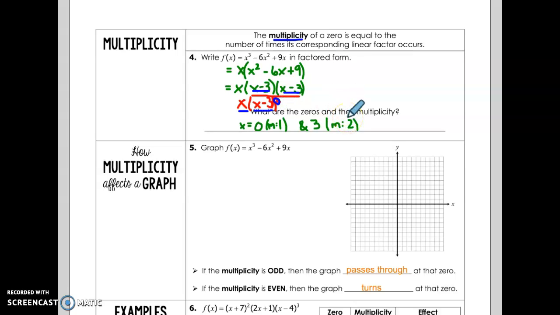What is pretty cool about these is that multiplicity really depends on what's going on with the graph. Okay, so if I have 0 as an x-intercept and I also have 3 as an x-intercept, if the multiplicity is odd, then it's going to pass through that 0. If it's even, it's going to be a turning point at that 0.